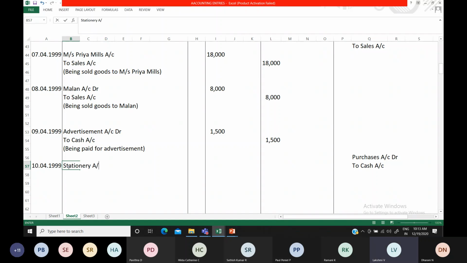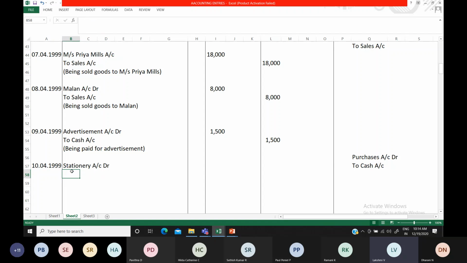Stationery account only you have to mention debit. Because every stationery item whatever you purchase is coming to your business. So you are purchasing here, it is coming, so stationery account only you have to debit, not purchases account. If you debit purchase account, then your entry is wrong.